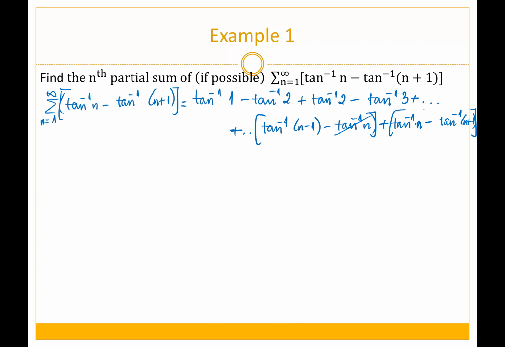Therefore you can cancel these terms out, each one canceling with the term before it. Essentially, what you have left is inverse tangent of 1 minus inverse tangent of n plus 1.